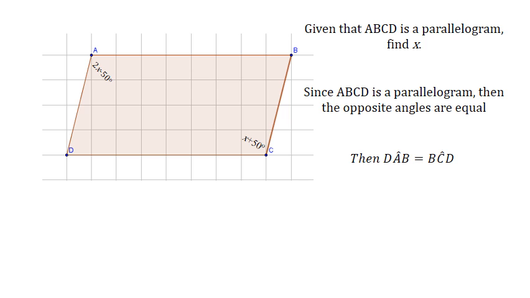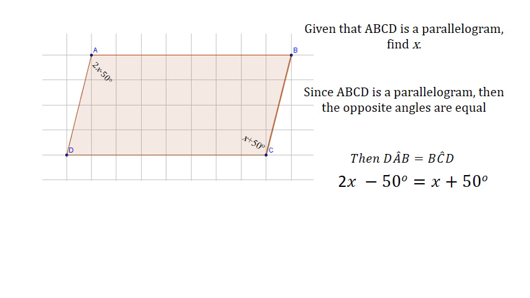So angle DAB equal angle BCD. Angle DAB is 2x minus 50, which is equal to BCD, x plus 50. So I will send x to the left hand side and I will send minus 50 to the right hand side.